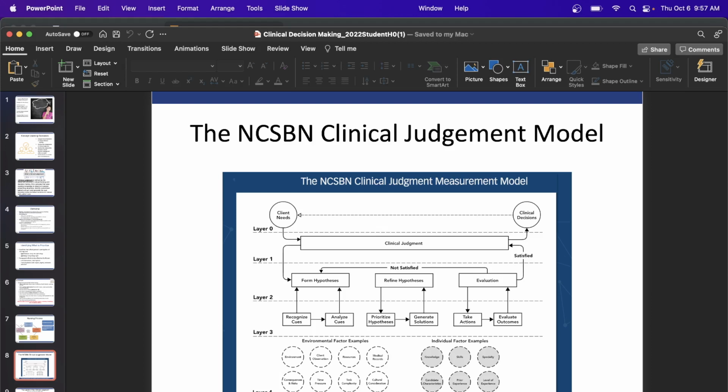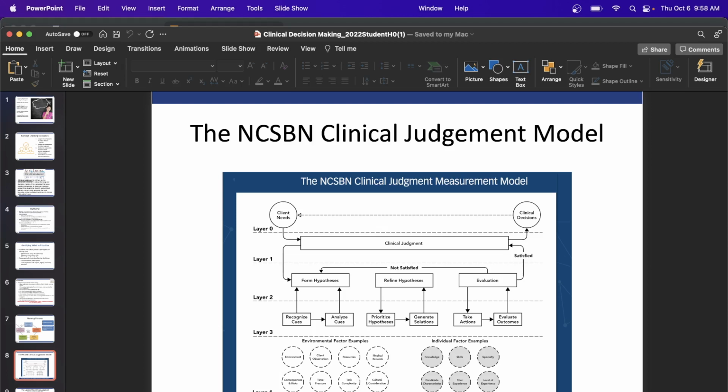We're going to form hypothesis, right? We're going to recognize cues and then analyze those cues. What are those cues telling us about the patient? That's really assessment. So this is assessment, recognizing cues, and then analyzing cues.